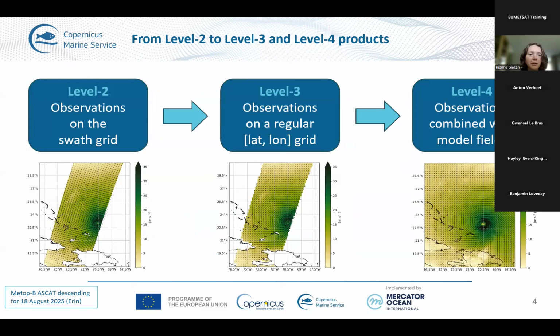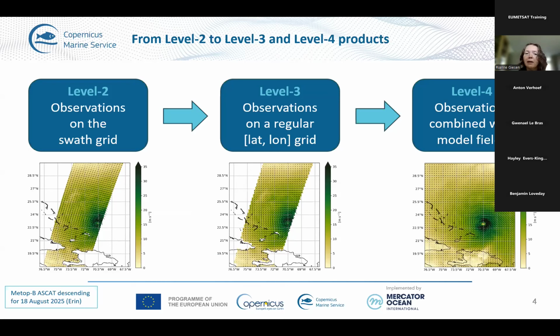But this grid changes every time for every new swath, so that can be complicated if you want to, for example, average in time, or you want to compare different products. So that's why we also produce level 3 products, where we interpolate the observations to a regular latitude longitude grid, so it's north-south oriented.